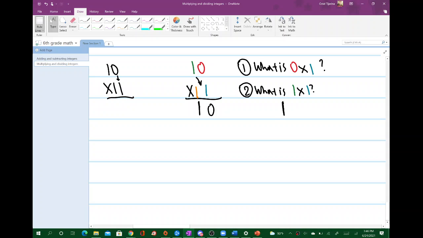Let me color code this actually, hold on. So let me do it this way. Like that, so I know that this is equal to 0. Just so you guys know exactly how I'm doing the numbers, right? So I'm doing this as 0, right?